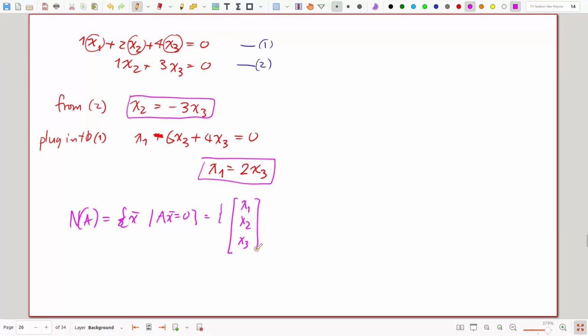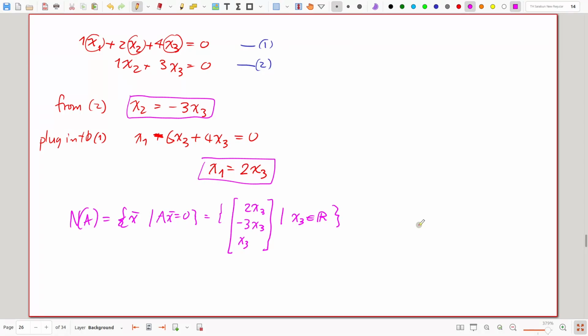It has 3 variables inside it. But what is x2? So x2 is minus 3x3. What is x1? It is 2x3. So it's this set. So the solutions, the set of all vectors that satisfy these solutions, is in this form.